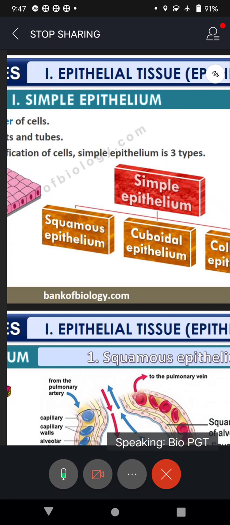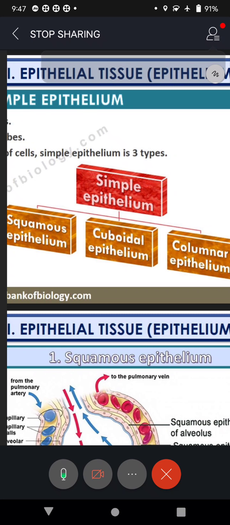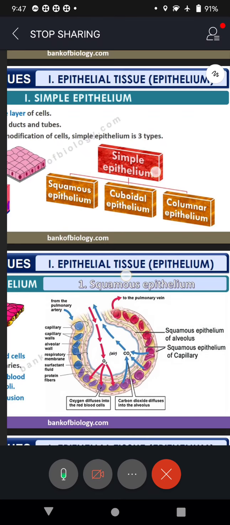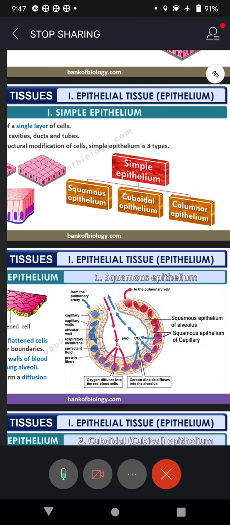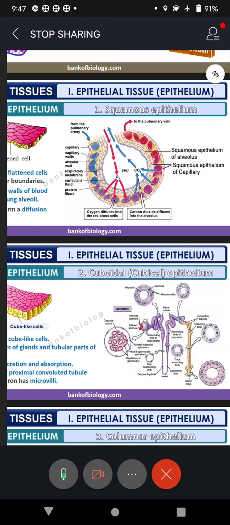So again, based on the function that it performs, simple epithelium is classified into three types: squamous epithelium, cuboidal epithelium, and columnar epithelium. Take care of the spelling: squamous epithelium, cuboidal epithelium, and columnar epithelium. As the names suggest, it is easy for you to understand where they are present and what is their function, right? Now let's go first one, squamous epithelium.